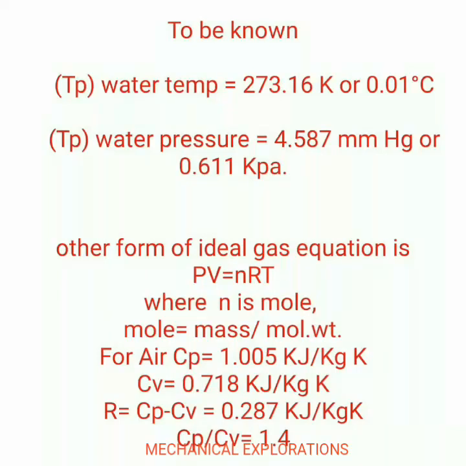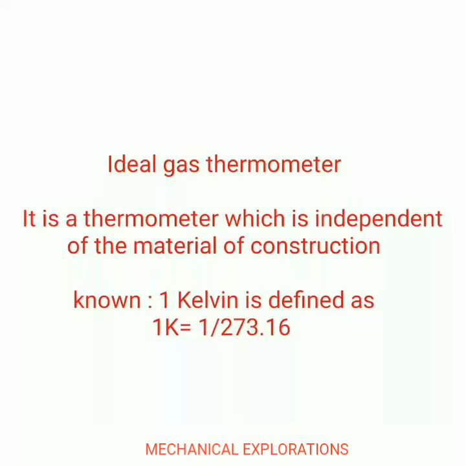It's a value to remember. And the water pressure is about 4.587 mm of Hg or 0.611 kilopascal. Another form of the ideal gas equation follows. It should be noted that for air Cp = 1.005 kJ per kg K and Cp/Cv = 1.4.